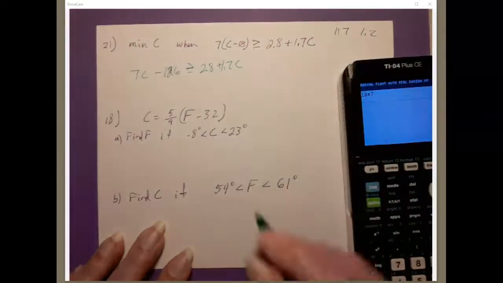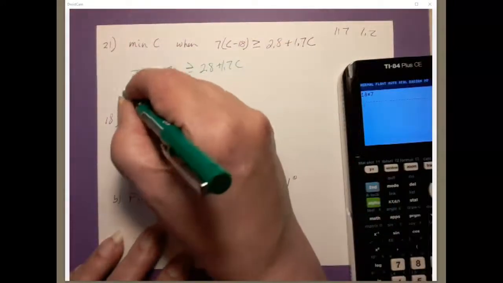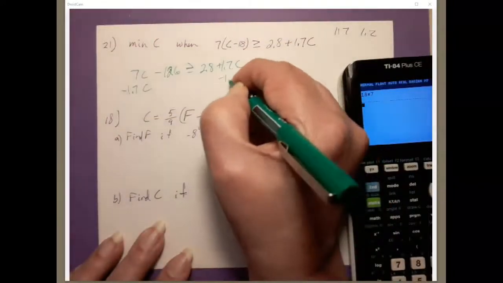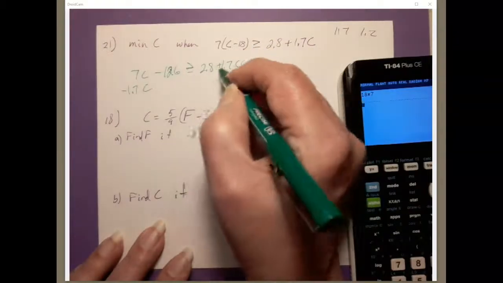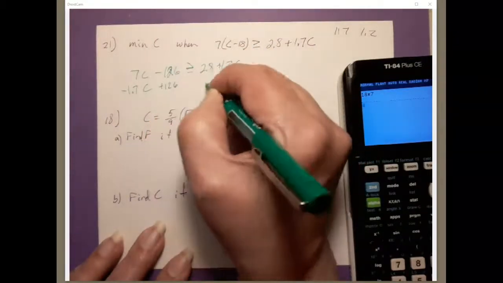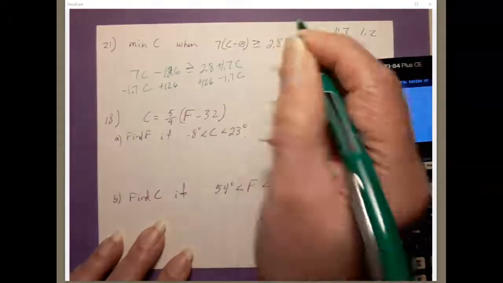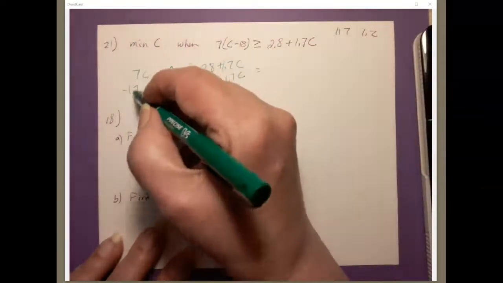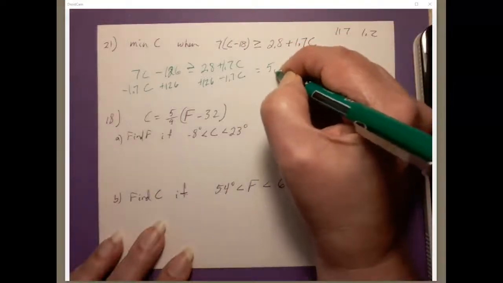Now I'm collecting like terms, so I want the C's on this side, minus 1.7C, minus 1.7C, and I want the numbers on the other side, so I'll do plus 126, plus 126. So 7 minus 1.7 will give me 5.3C.